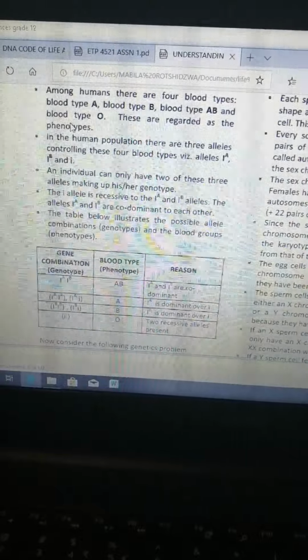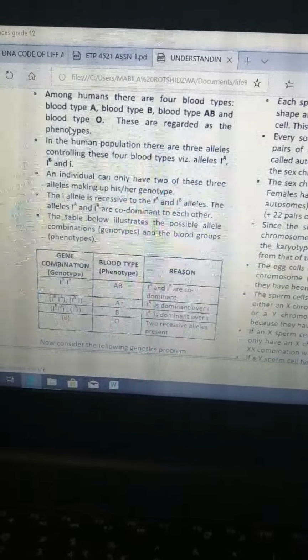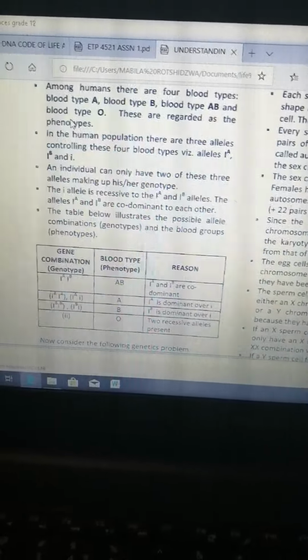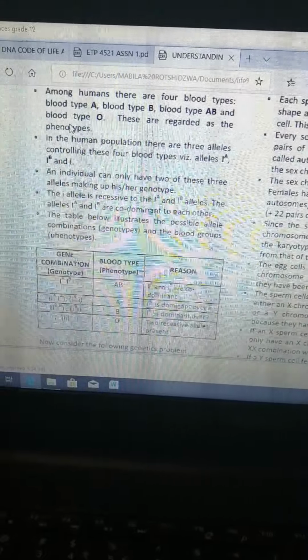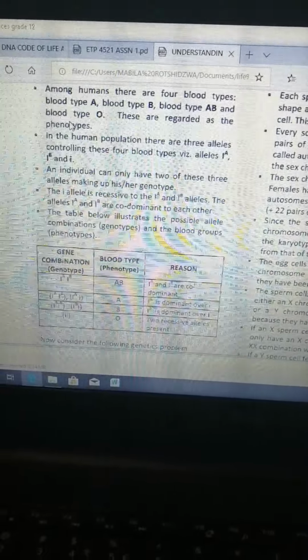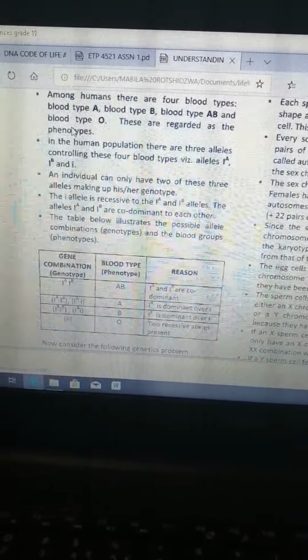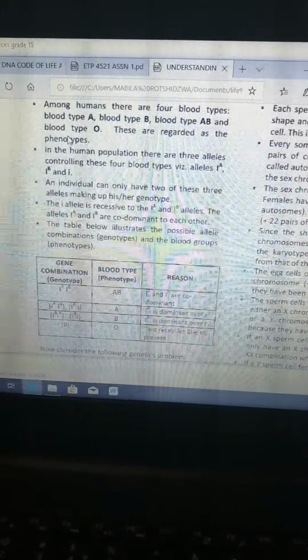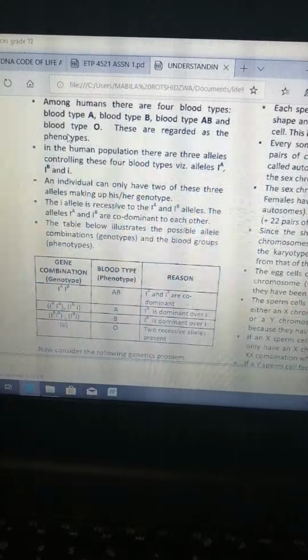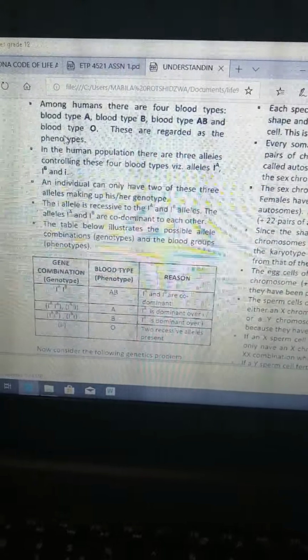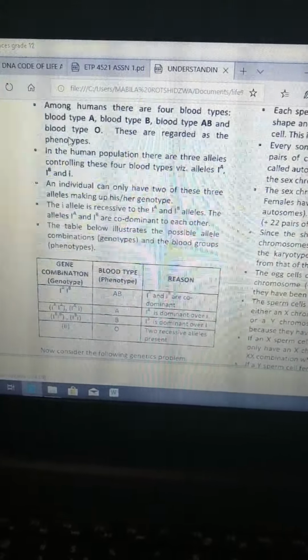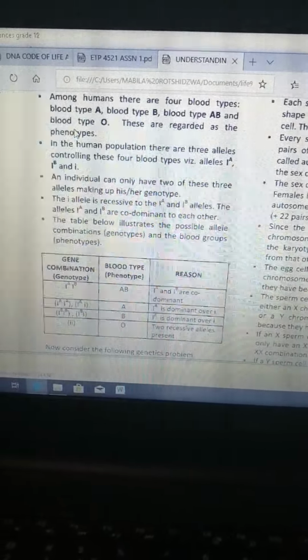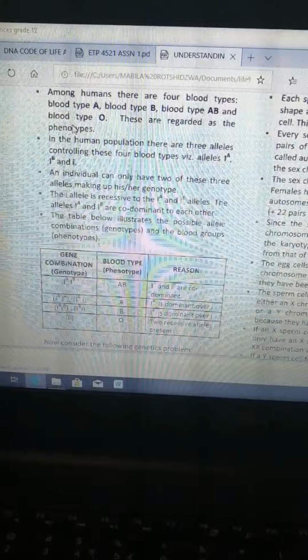Now, the blood type AB is controlled by the alleles I to the power A and I to the power B, meaning that both alleles that control blood type AB are co-dominant. Are we together? Each and every one of us can have only 2 of the above alleles in our genotype.